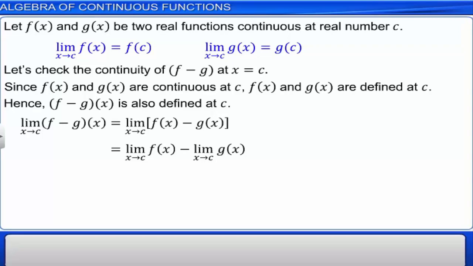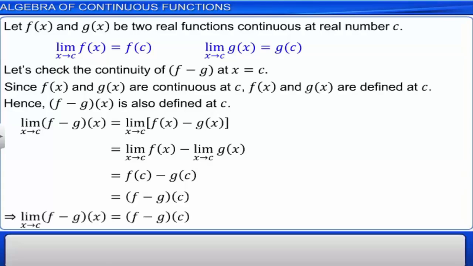Now, since functions f and g are continuous at x equal to c, we have f of c minus g of c. This is equal to (f minus g) of c. By the property of subtraction of functions, this means that the limit of the difference of the functions is continuous at c. Hence, f minus g is continuous at x equal to c.